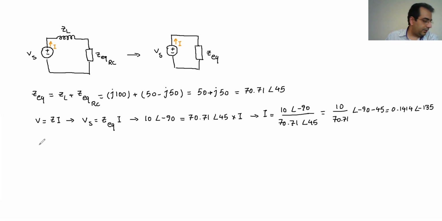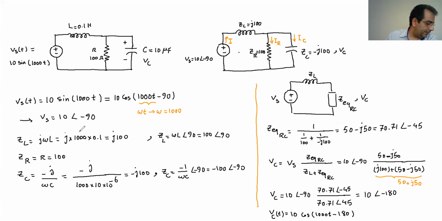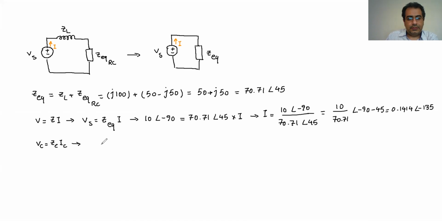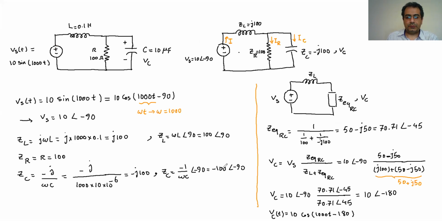And similarly, we can find it for the C. So we can say the VC is ZC times the I that goes through the C. And because we know the VC and we know the ZC, we can use them. So the VC that we calculated from the previous step is 10 negative 180. And the ZC that we calculated, we can use in polar format here, because we do the multiplication.